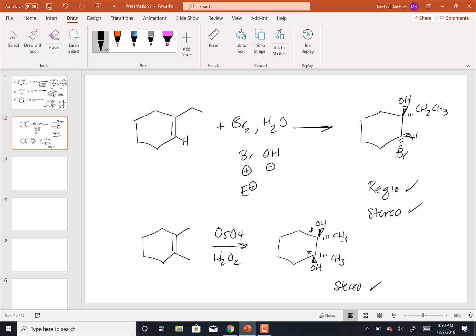Okay. The other thing I will add to this problem is, because some of you were looking at this like, are there really two chiral centers? What is that product? Going back to our stereochemistry, what is this product right here?